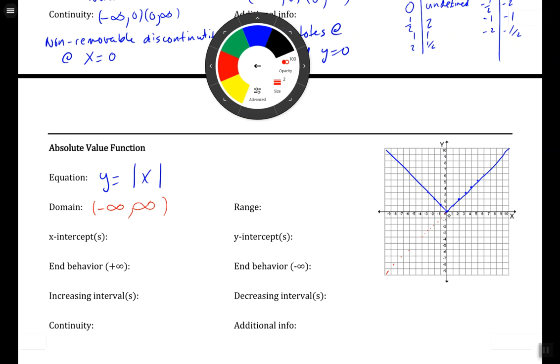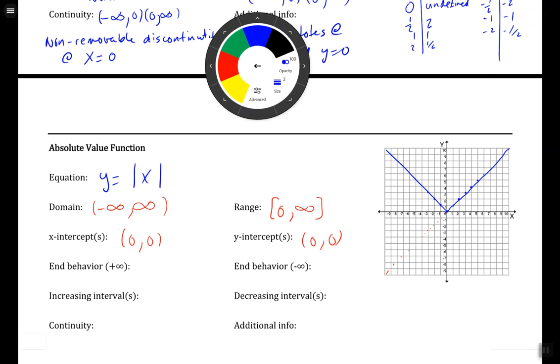Did I put a dot there? Yeah, so 0's included, and I go to infinity. I have no negative numbers. 0 is okay, but no negative numbers. None. Nada. Do I have an x and y intercept? 0, 0 for both of them, right?